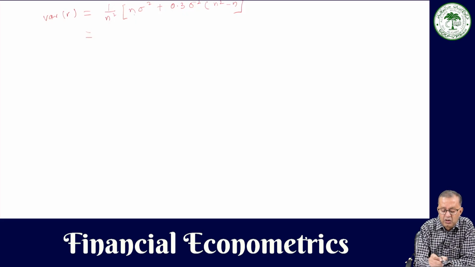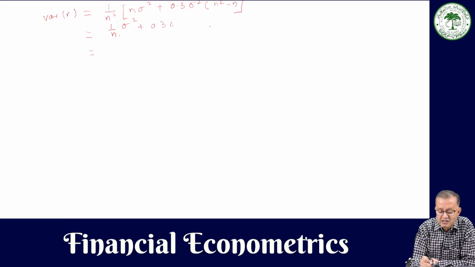Now this can be written as 1 upon n sigma square plus 0.3 sigma square. You divide this by n square, this will be 1 minus 1 upon n.